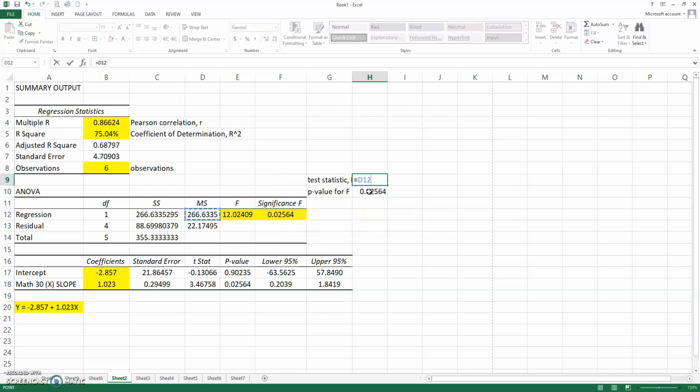So remember, our decision rule in simple linear regression will be to reject the null hypotheses if the test statistic is greater than the critical value. Or we can make the same decision by looking at the p-value. Reject the null hypotheses if the p-value is less than alpha.